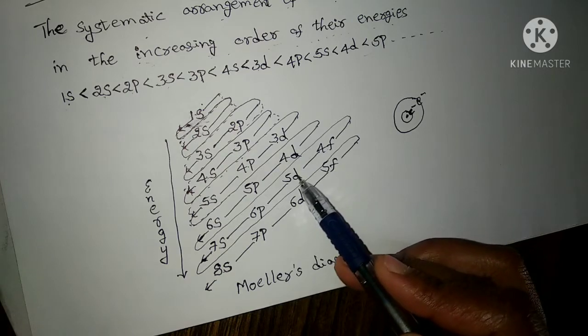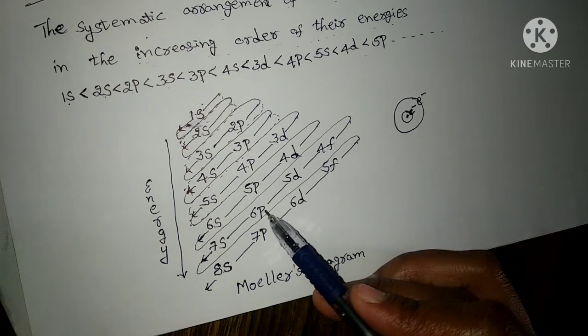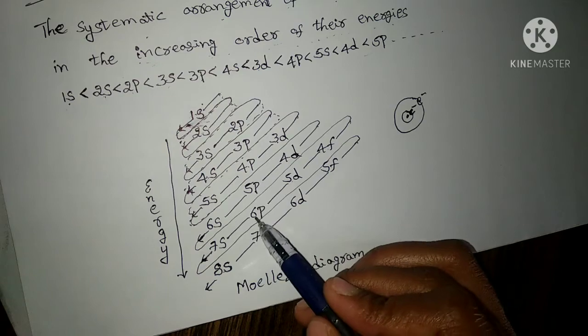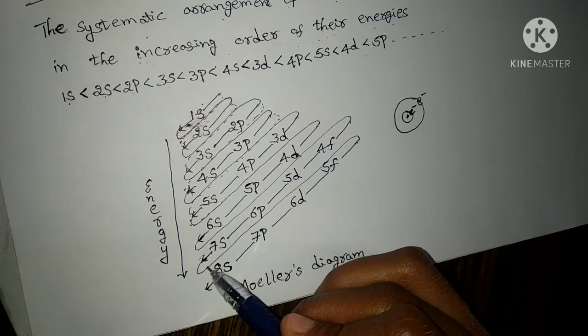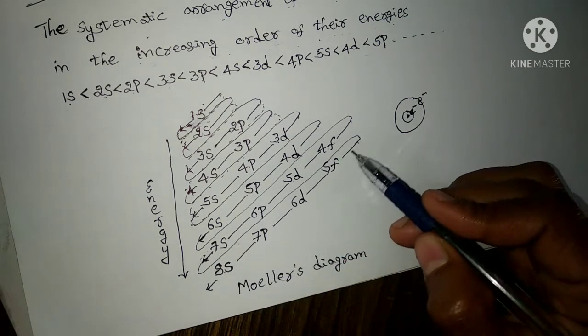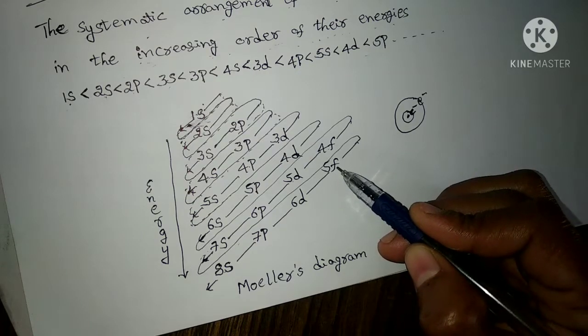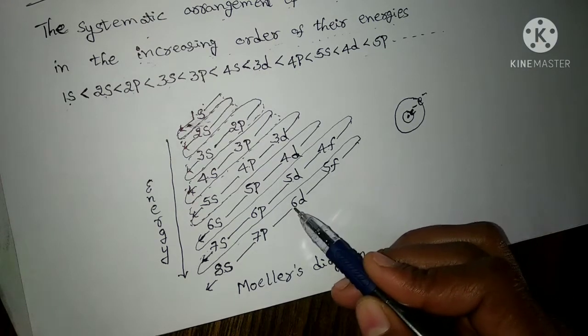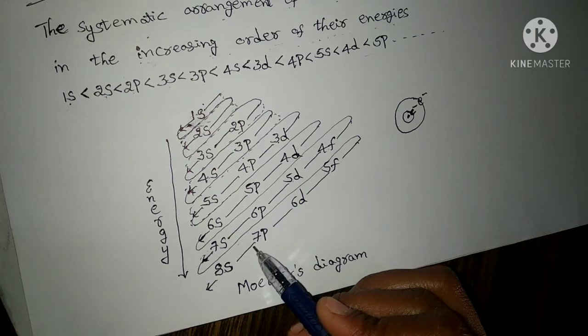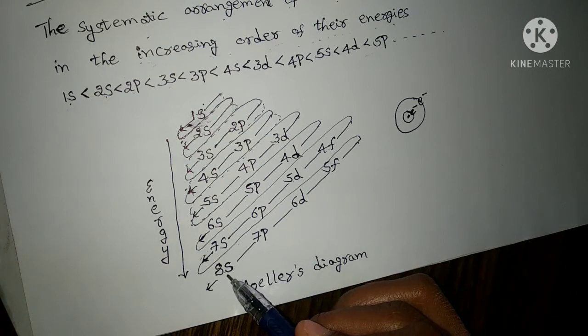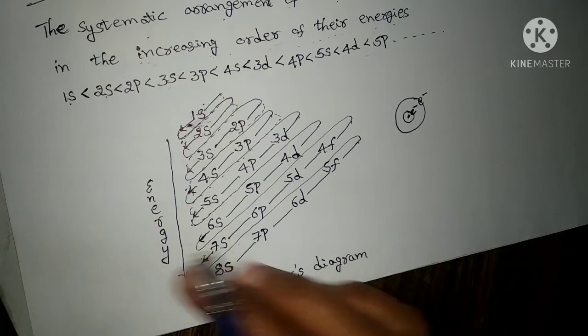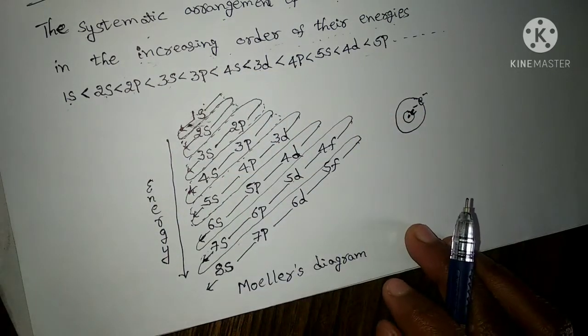After 4f, 5d has more energy, then 6p. Compared to 6p, 7s has more energy. Compared to 7s, 5f has more energy. Compared to 5f, 6d has more energy. Compared to 6d, 7p has more energy. And finally, 8s has the highest energy among these atomic orbitals.